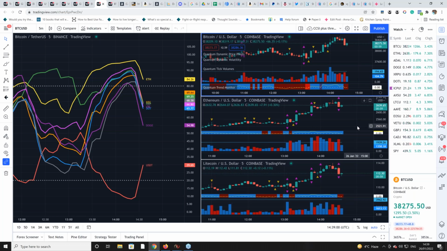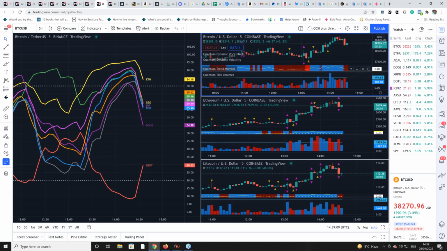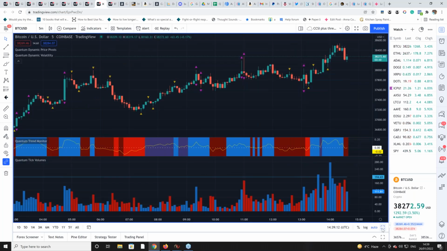And the simple answer is yes, because a chart is a chart. I've got Bitcoin, I've got Ethereum, I've got Litecoin here. If you just pop up any of these, let's put Bitcoin up because it's the most heavily traded, you don't need to know that this is necessarily a cryptocurrency. It could be a regular currency, it could be a futures contract, could be anything. It really makes no difference.